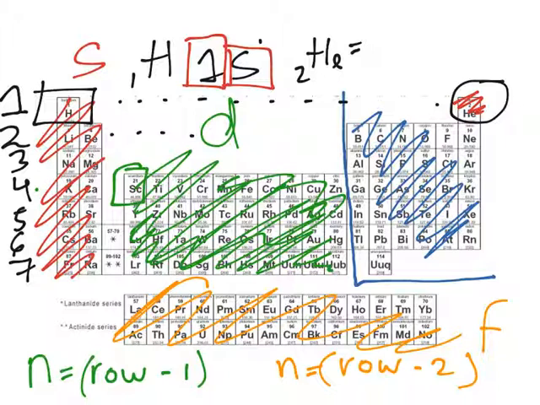And we'll start with, it's in the first row, so 1. It's in the red section, so it's S. And you just count 1, 2. 2 electrons. You just count the number of elements that there are until you get there, counting that element. So it's hydrogen and helium, so 2 electrons.